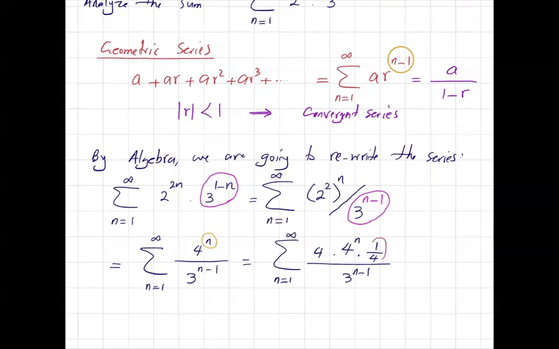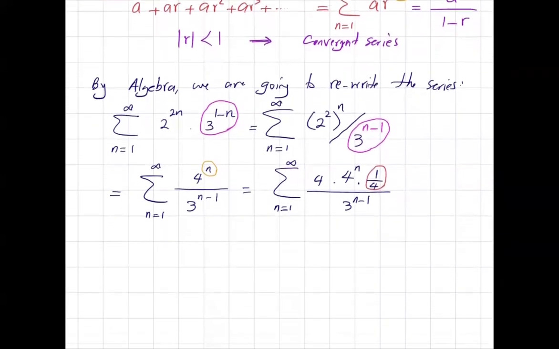But take a look, 1/4 is 4 to the power -1. So this can be written as the summation of, keep the 4, times 4 to the power n times 4 to the power -1, divided by 3 to the power n minus 1, starting from 1 going to infinity.